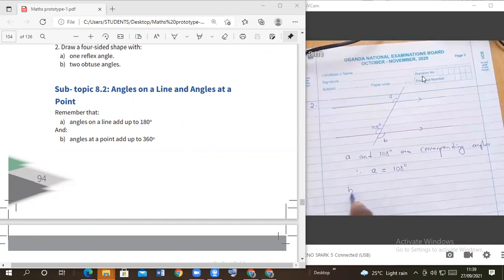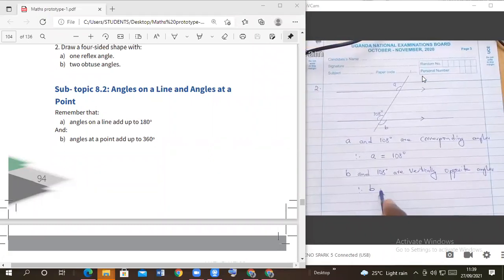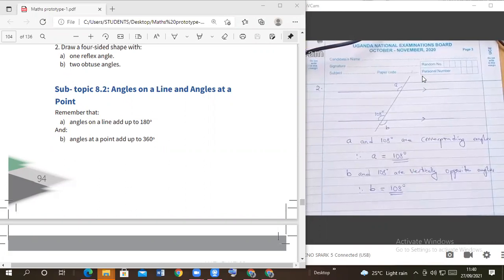So B and 108 degrees are vertically opposite angles, and vertically opposite angles are equal. Therefore, B is also 108 degrees. Members, have you seen that? That's how we analyze.